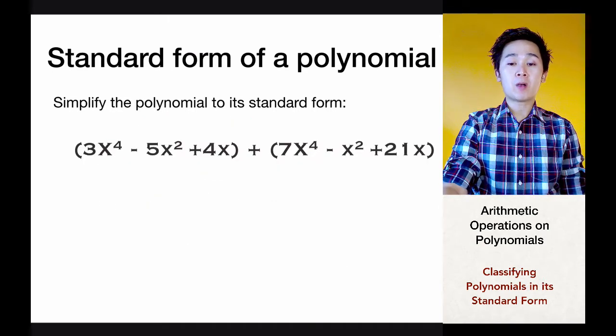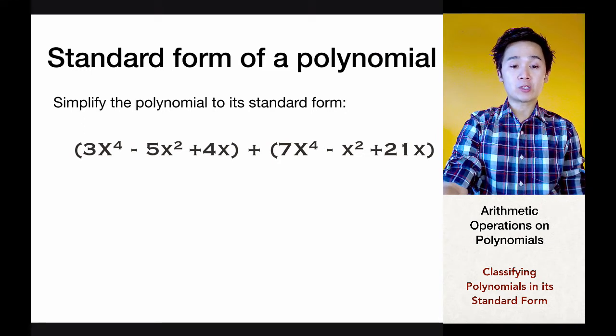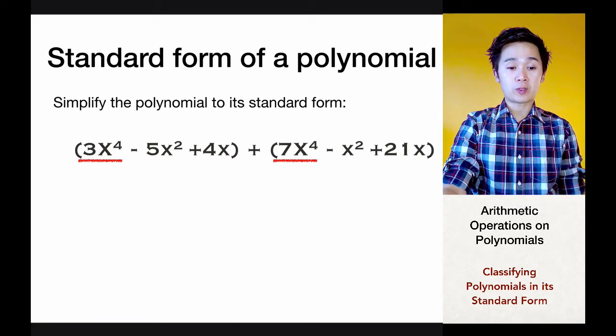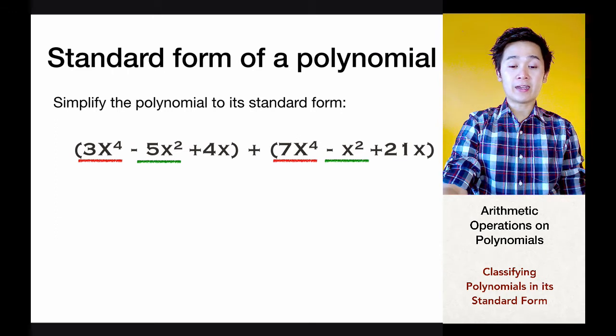And sometimes the polynomials that we are given are in groups of 2 or groups of 3, like this one. If we're going to be adding, all we need to do is combine like terms like what we did a while ago. Since we are just adding, we find terms with the same variable and same exponent. So 3x to the fourth and 7x to the fourth are like terms, and negative 5x squared and negative x squared are like terms, and we have 4x and 21x.